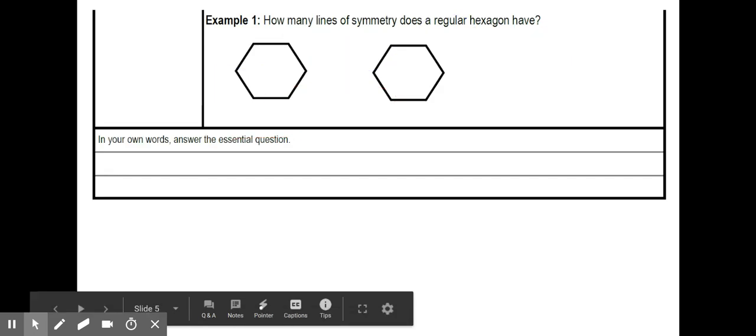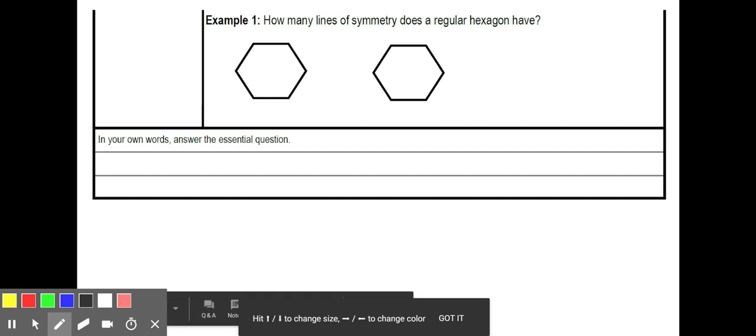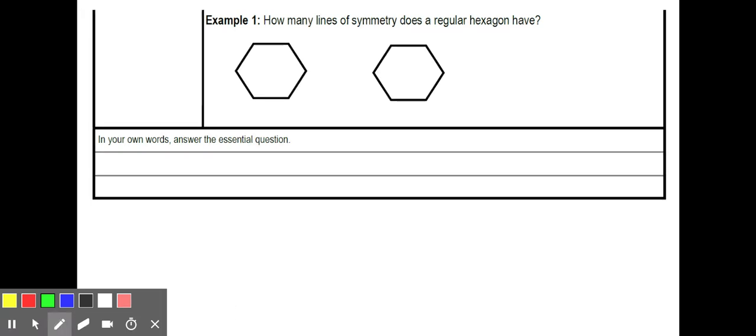Okay, example 1. How many lines of symmetry does a regular hexagon have? Well, let's see. If I start playing around with lines, maybe I start with drawing lines through the vertices, from point to opposite point. And there I get 3.